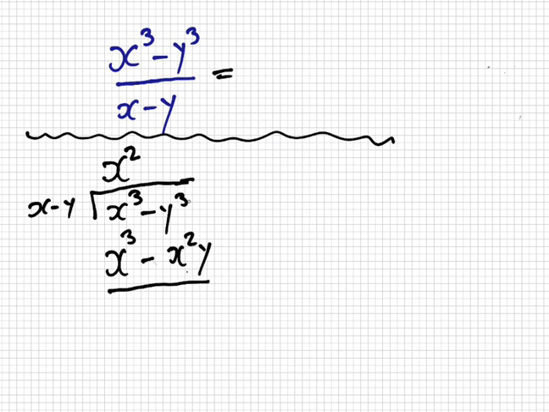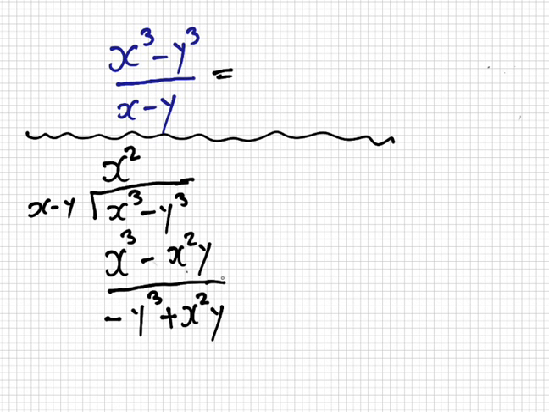Now this is a bit different when I subtract. These cancel, but do these do anything? No. So it stays as minus y cubed minus so plus x squared y.